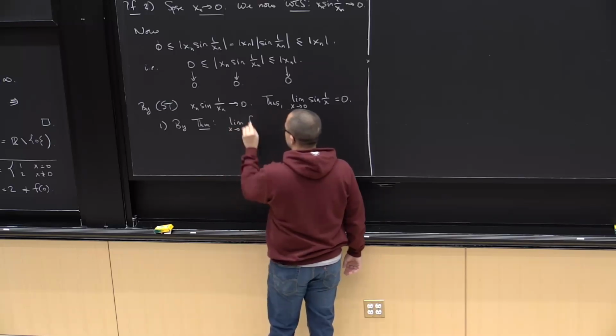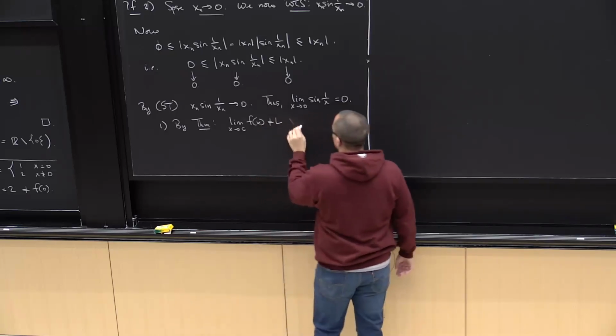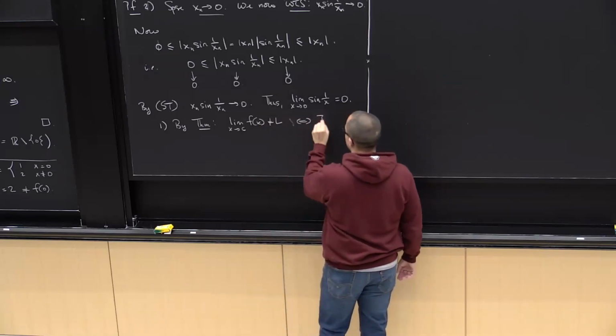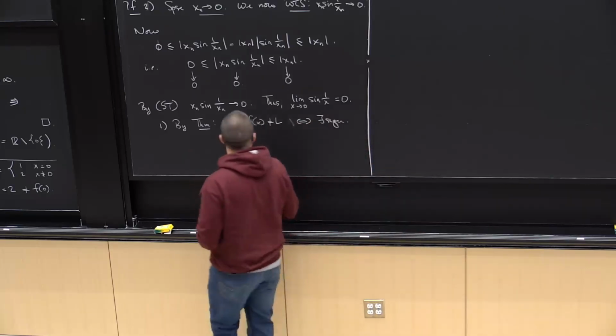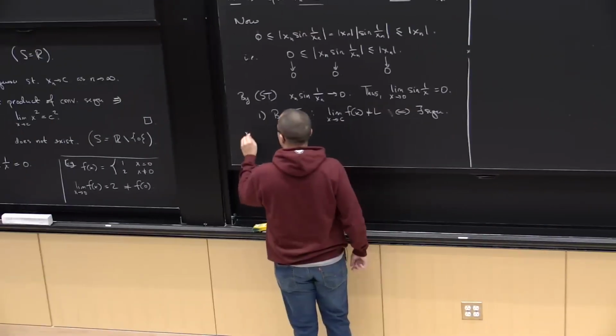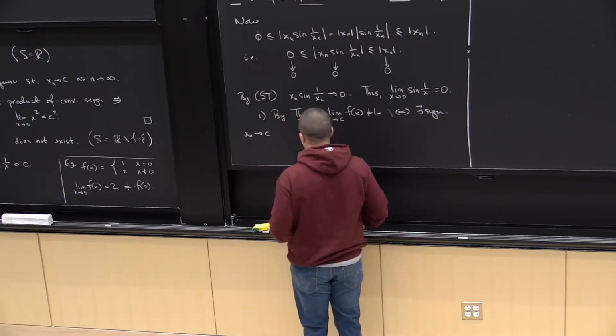The limit as x goes to c of f of x does not equal L if and only if there exists, negating the right-hand side of that if and only if, a sequence x n converging to c.